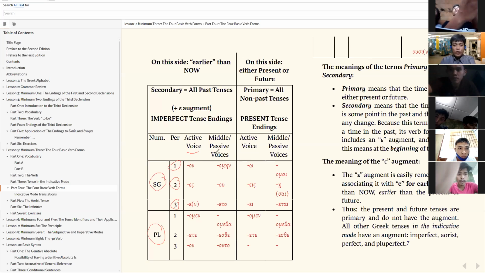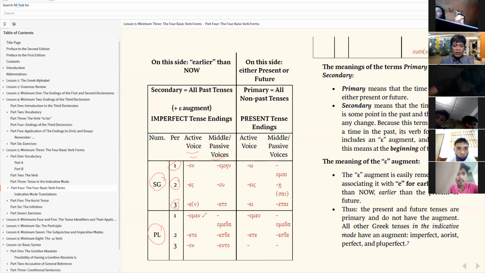This is active voice, middle and passive voices. For the middle voice, the subject is doing the action and at the same time receiving the action, reflexive. Passive, the subject is being acted upon. So these are the endings for the active voice, imperfect tense.